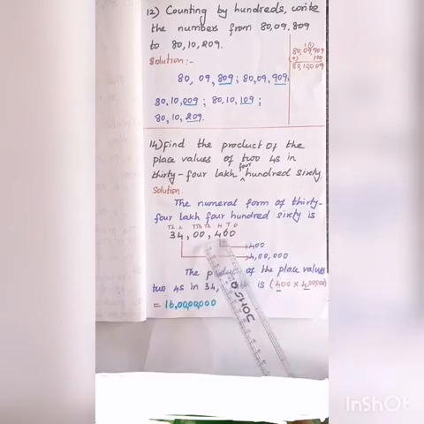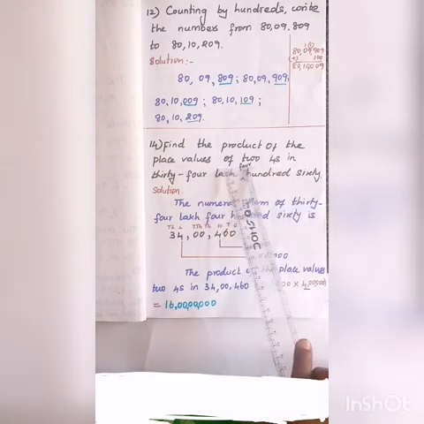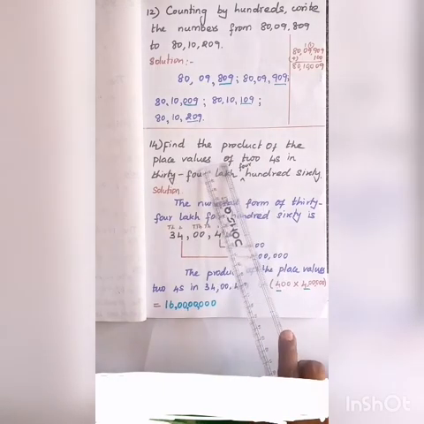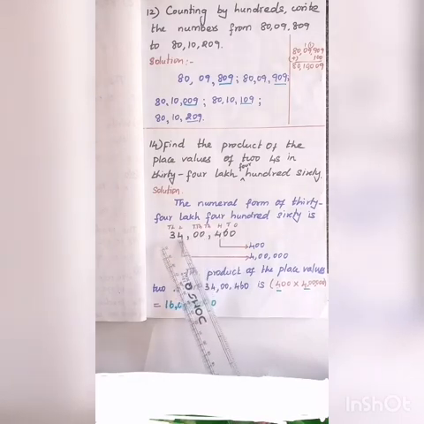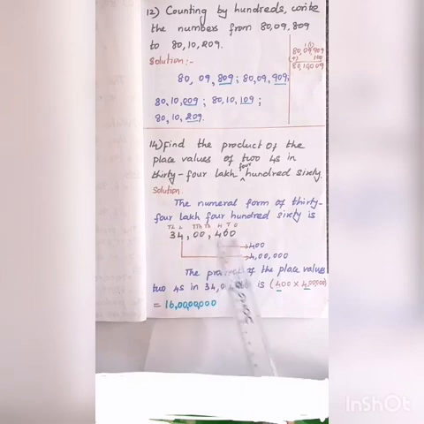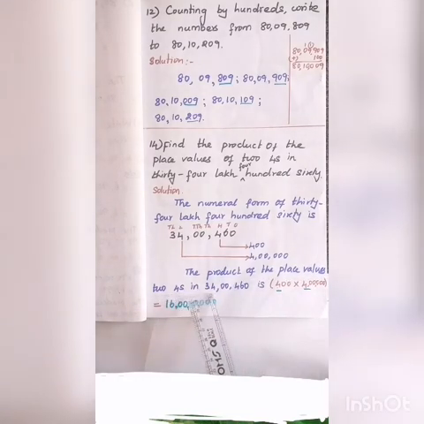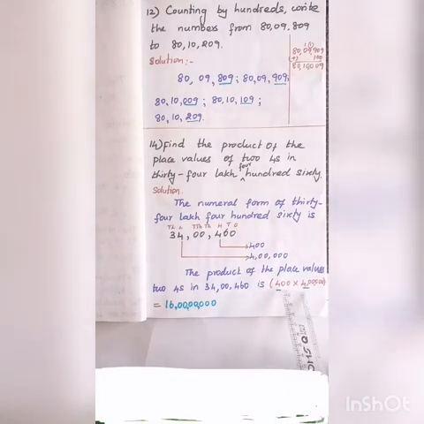They asked the product of the place values of the 2 fours: 4 in the hundreds place gives 400, and 4 in the lakh place gives 4 lakhs. So we need 400 into 4 lakh. First, multiply 4 into 4. 4 fours are how much?